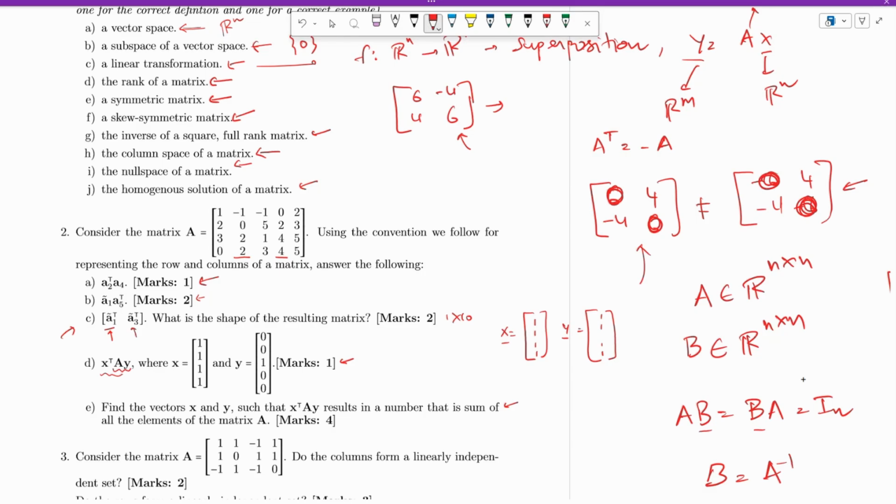Or if you look at it the other way around, if you do X transpose A first, then you're adding all the rows, and then post multiplied by a column vector, which is all 1, that means you're adding all the columns. So if you choose X and Y to be this, then X transpose AY is essentially adding all the elements of A.